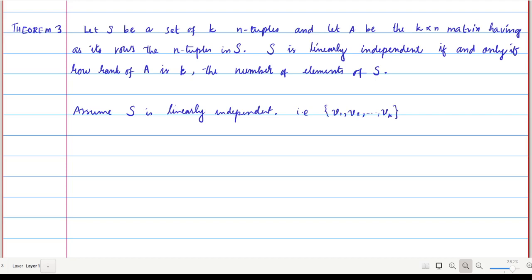We have k n-tuples, and each vi belongs to R^n or C^n. These represent the n-tuples. So if we have these n-tuples, then you can easily make a matrix A with these rows. v1 is the first row, v2 the second, etc., vk. This is the matrix A.